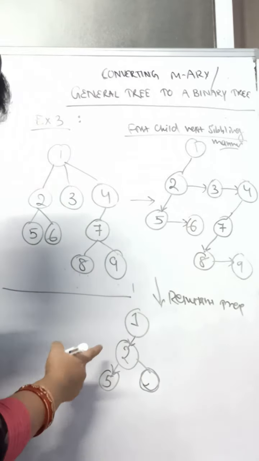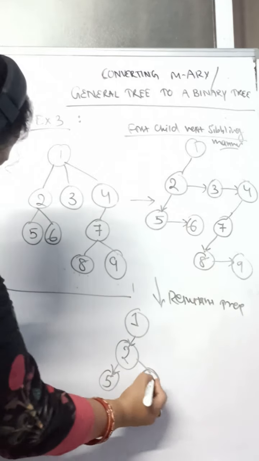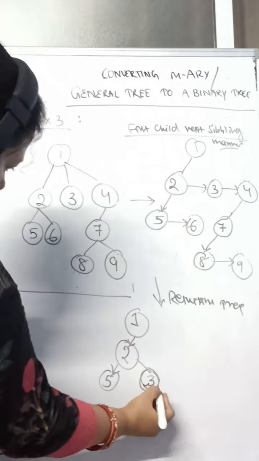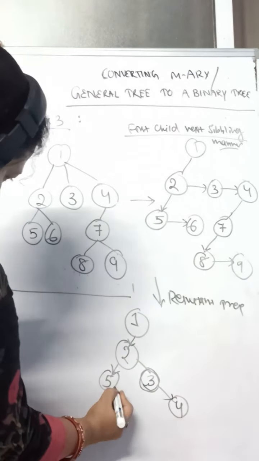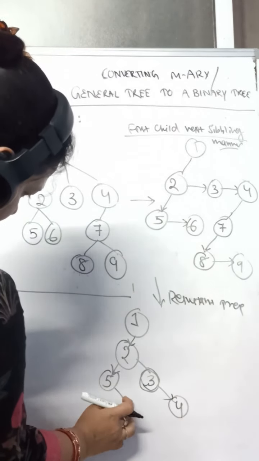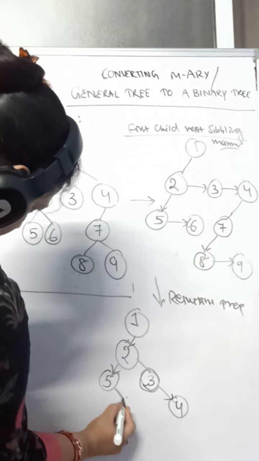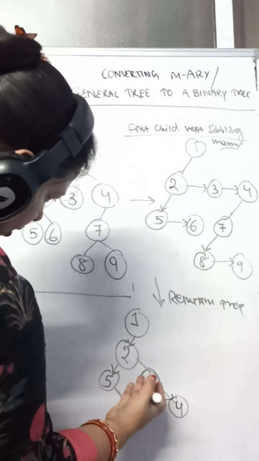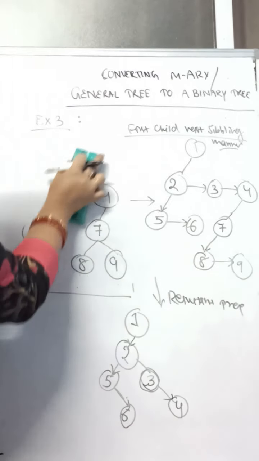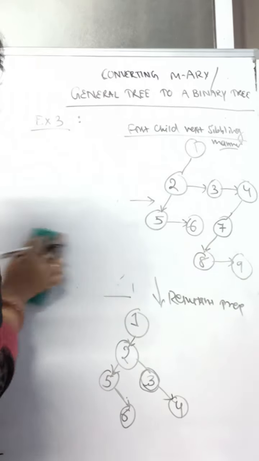So 1, 2 and 5. Then this is 3. 3's right is 4. Then 5's right is 6. Then 4, 7. Perhaps this will not accommodate in this area, so I am drawing the resultant tree here.